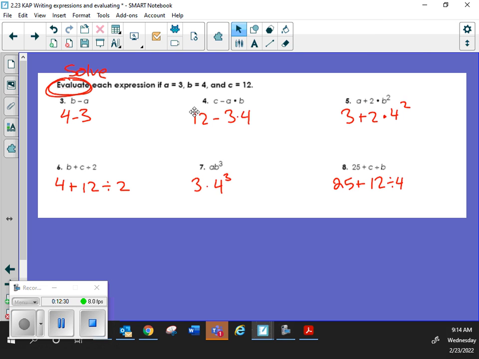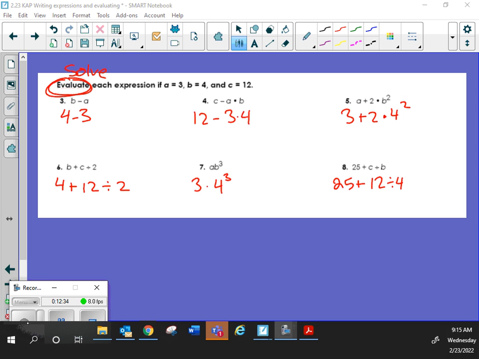All right, y'all ready? No, okay. 4 minus 3. What would I do first over here? Okay, 12 minus 12. 0. Okay, over here, what do I do first? Exponent. Ooh, 4 squared is 16. 3 plus 2 times 16.